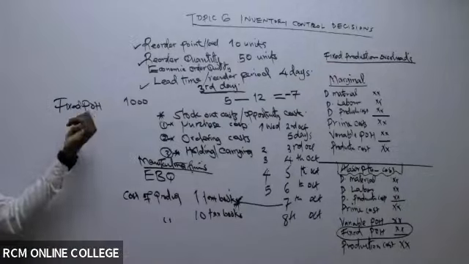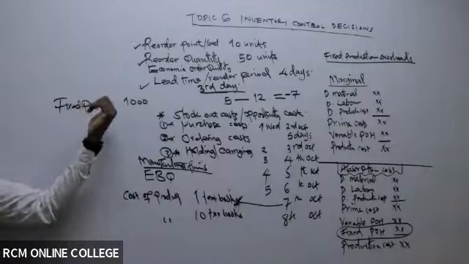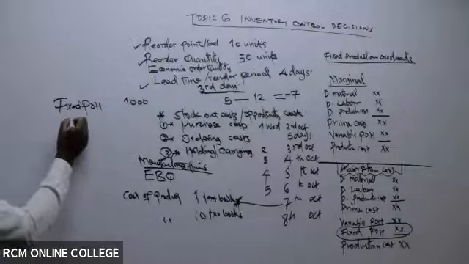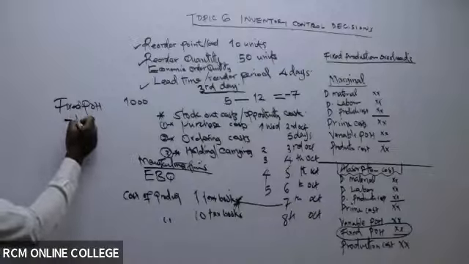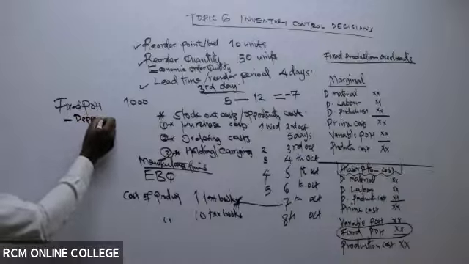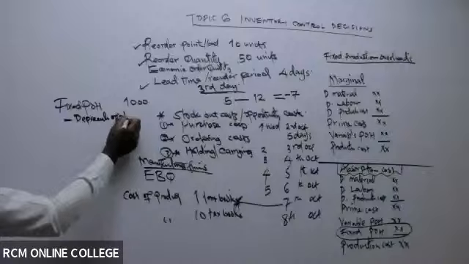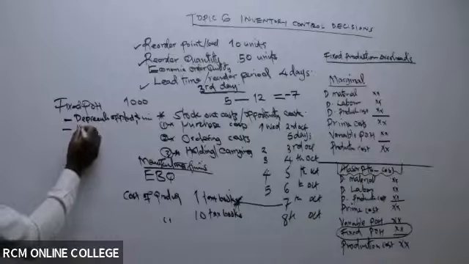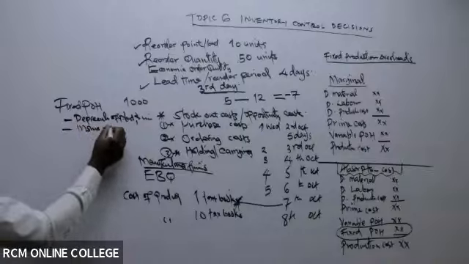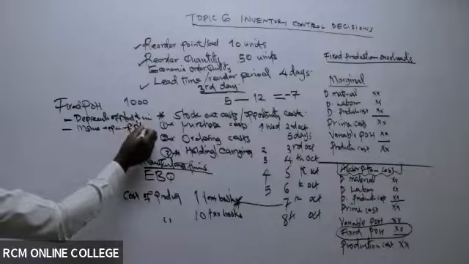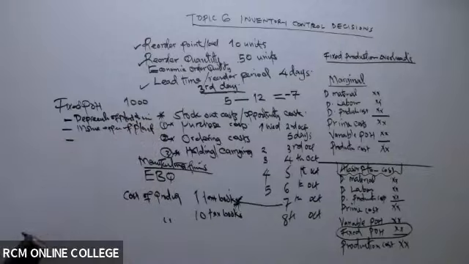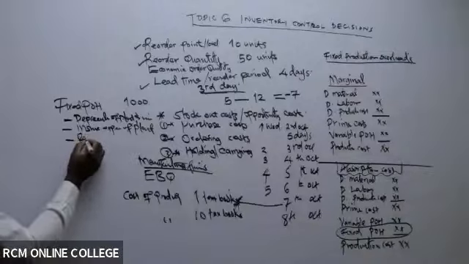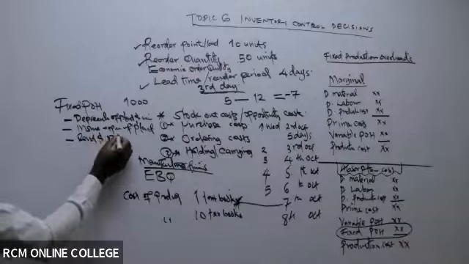Good. So when you come to these fixed production overheads, remember the components of fixed production overheads. Number one, we can talk about depreciation of plant and machinery, right? We are talking about insurance expense of plant and machinery. We are talking about rent and rates, right?